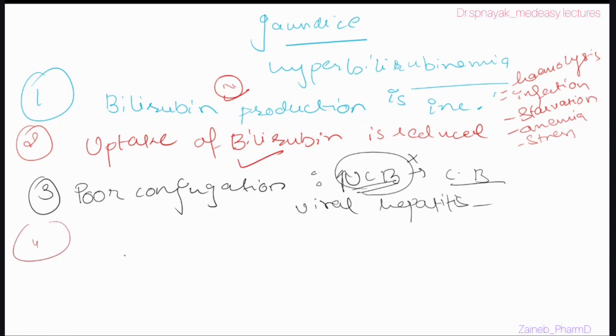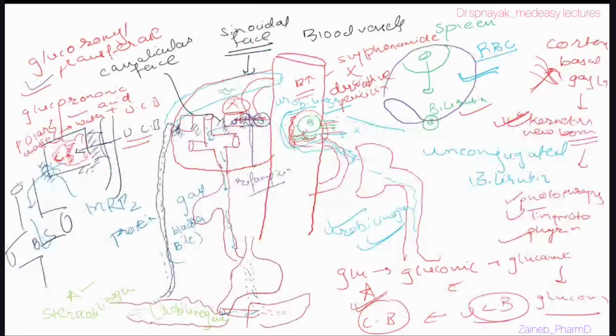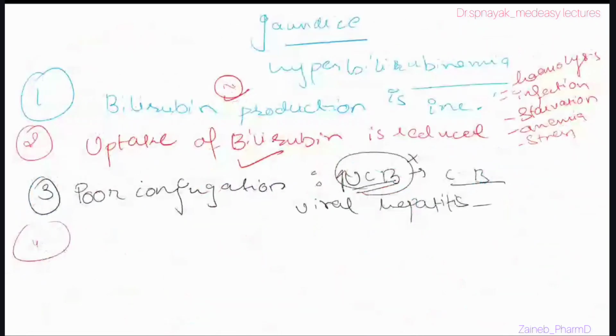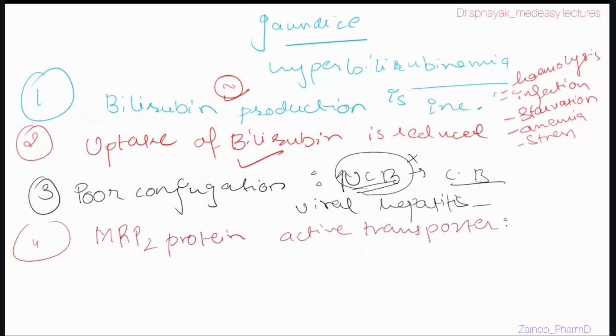And the fourth mechanism is when this special transporter, the MRP2 protein, is defective. There is a problem with the active transporter, which is the MRP2 protein. It is mainly a genetic condition, which is known as Dubin Johnson syndrome.